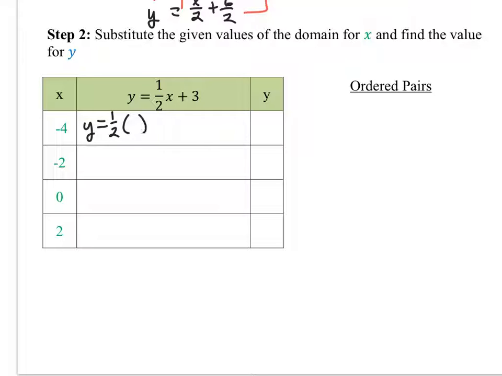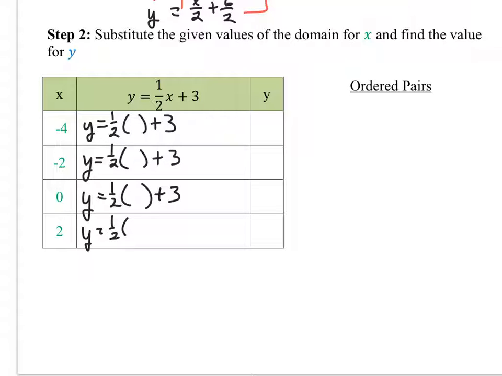Wherever I see an x, I'm using parentheses. And then I'm going to input my domain, which is changing each time, in for x.